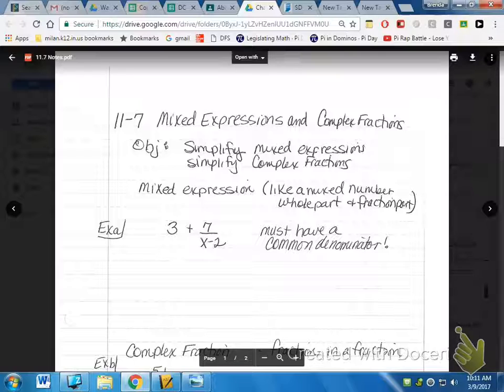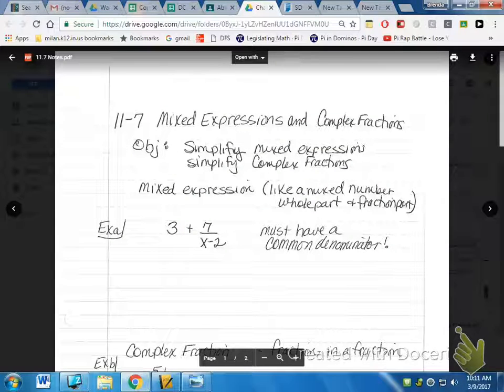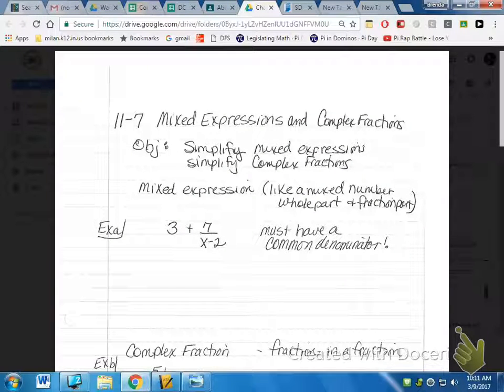So that's what's going on there with example A. This one really isn't so bad. It has a plain number 3 plus 7 over x minus 2. Well, the good part about that is you don't have to wonder what the common denominator is going to be. So you have to have a common denominator, but it will definitely be the x minus 2 on the second part.